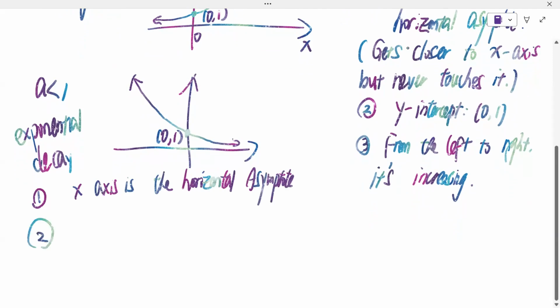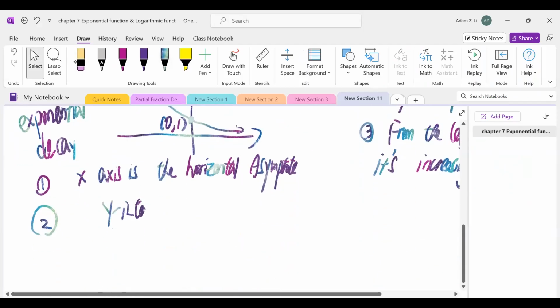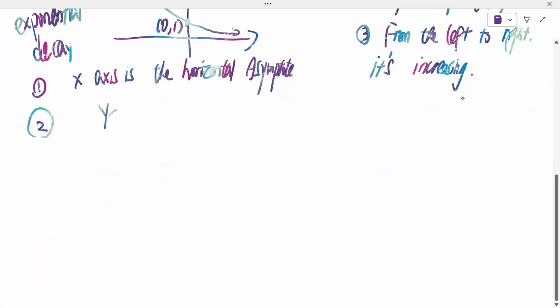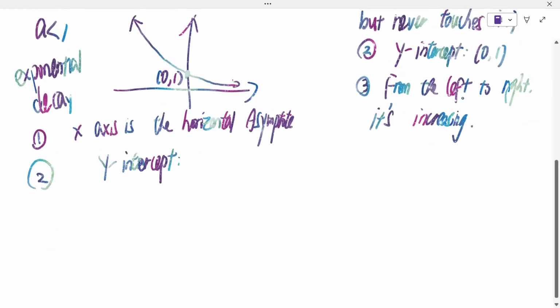Secondly, there's the y-intercept, which is the same, (0, 1). And the third one is that from left to right, it's decreasing.